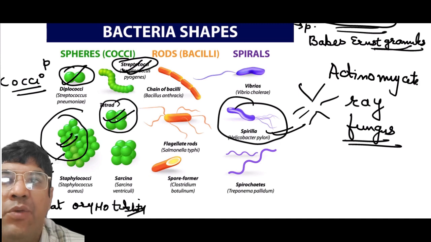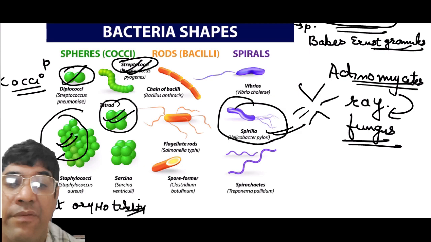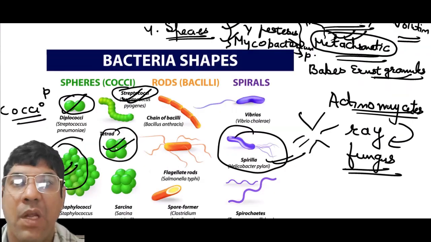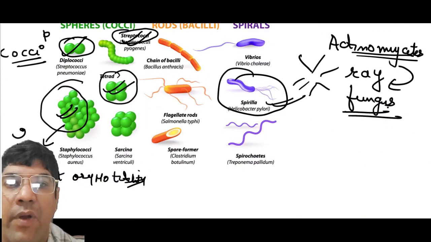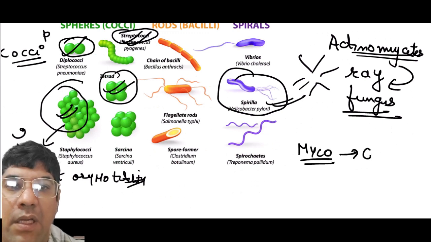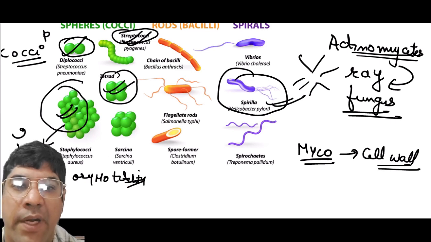Another MCQ that you have to remember for your entrance exam point of view. Mycoplasma are unique bacteria, they lack a cell wall. So mycoplasma, remember for entrance exam, they lack a cell wall. They can appear as round or oval bodies.